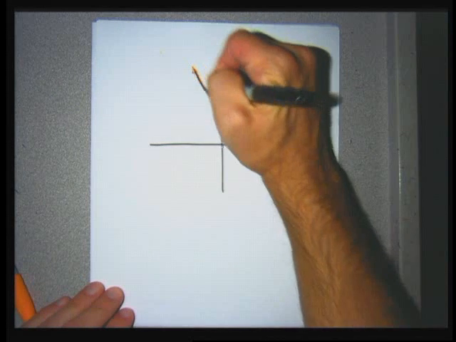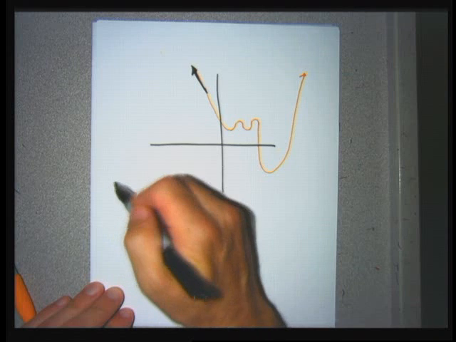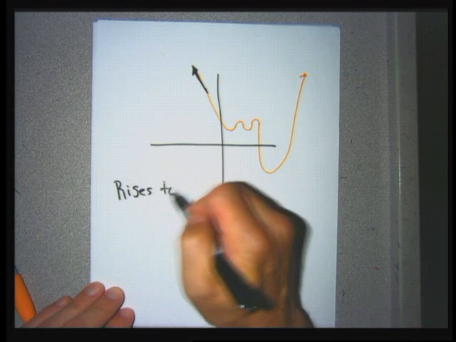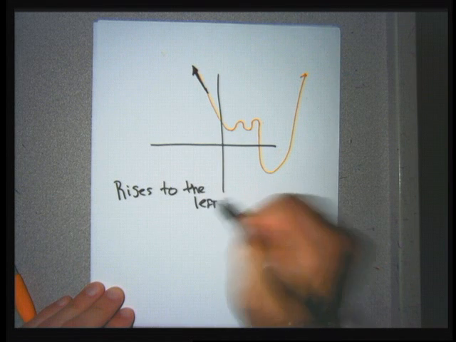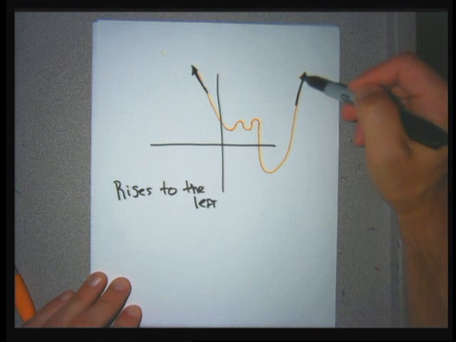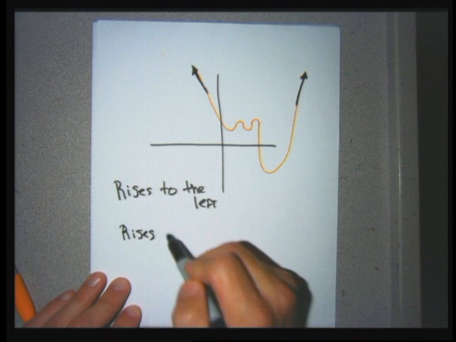For the left end behavior of this, because it's going up to the left, I'd say this graph rises to the left. And if I go to the right tail of the graph, it's also going up on the right. So I'd say that this rises to the right.